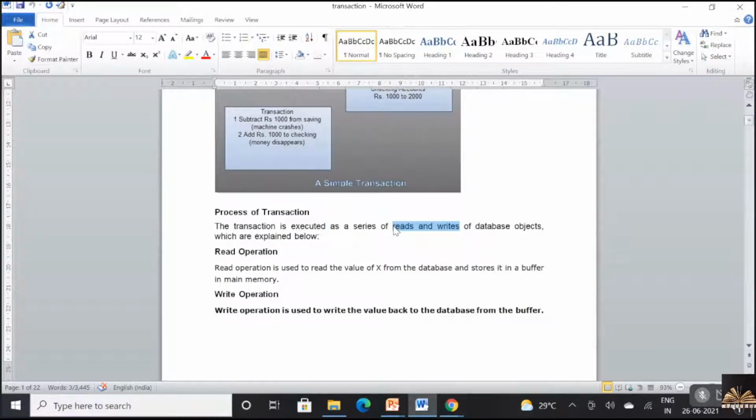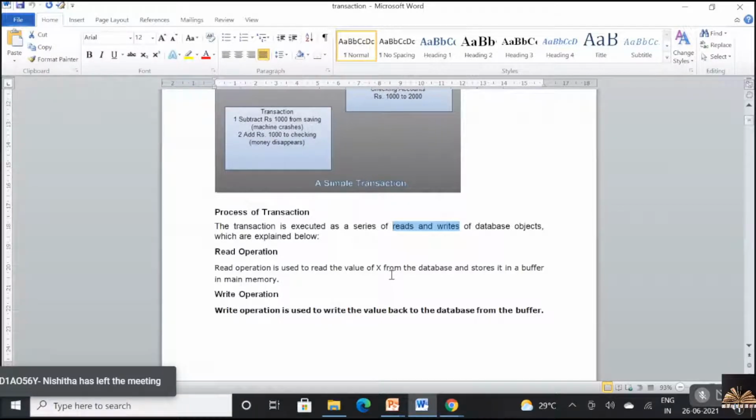The major two operations that are being performed with respect to a transaction are read and write operations. Read operation is used to read the value of a database object X from the database and stores it in a temporary buffer.